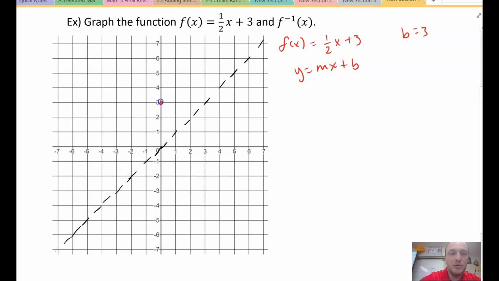So I can plot my point at 3, and then you have a slope. Here our slope is 1/2. So I'm going to rise 1, run 2, up 1, over 2. I can keep doing that until I touch my line. And then I want to draw a straight line through these points.